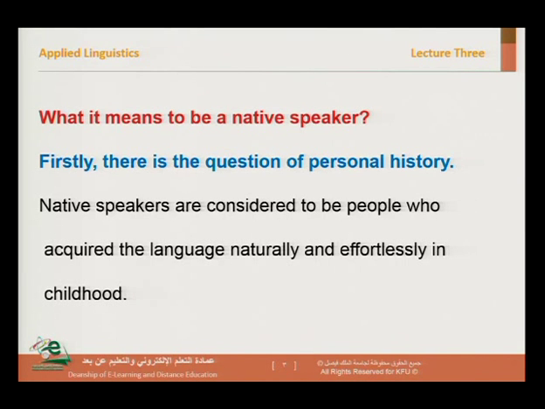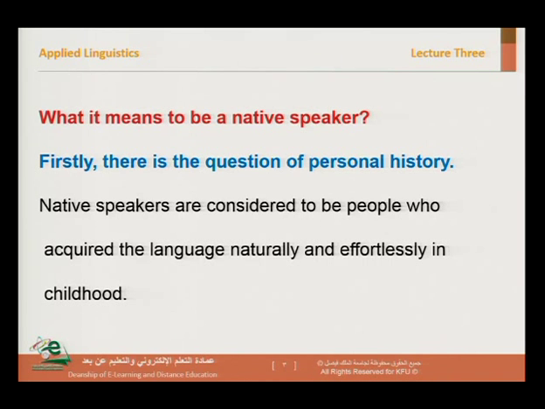So this is the first factor that we have to consider, that there is a personal history, that children have acquired the language in their childhood naturally, with no direct, intentional or formal instruction.